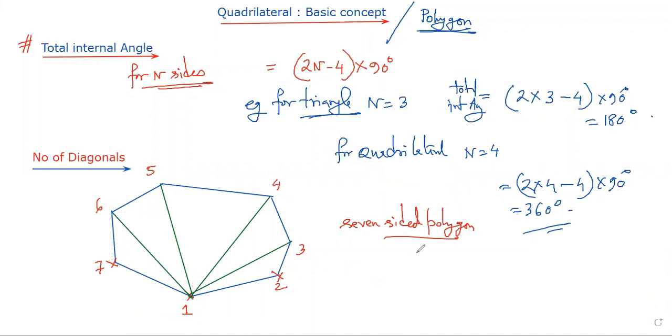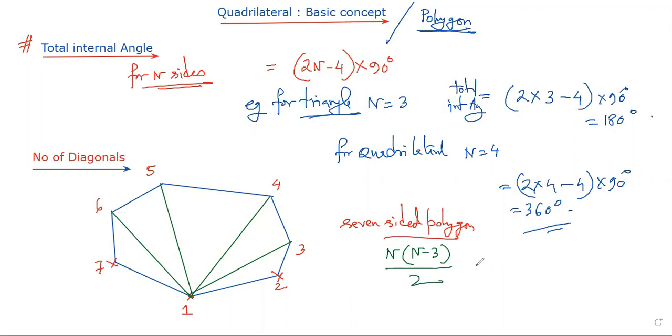So from each vertex, n minus 3 diagonals I will be able to draw. And how many vertices are there? n number. So n multiplied by that should be the total number of diagonals. But here, actually, we have counted from both ends. So if I divide by 2, I will get the total number of diagonals.